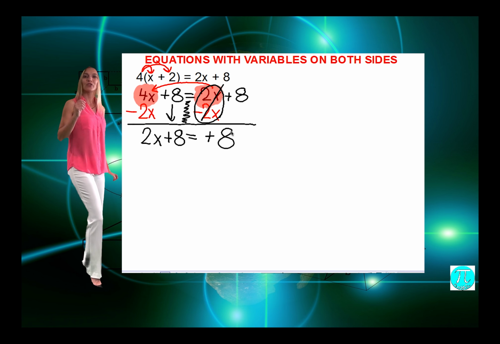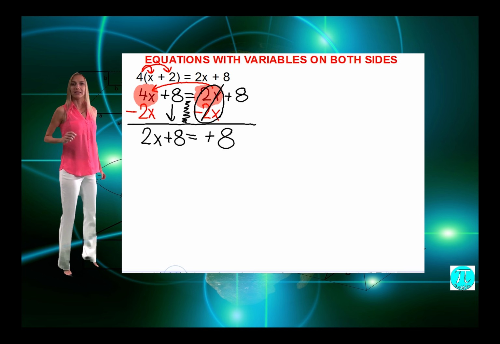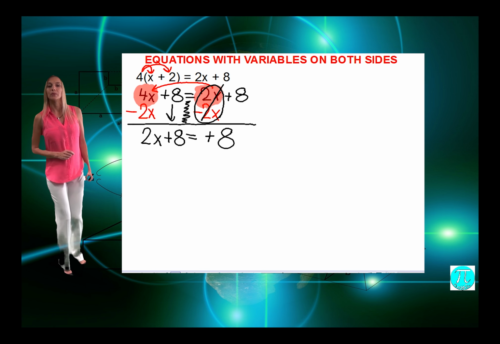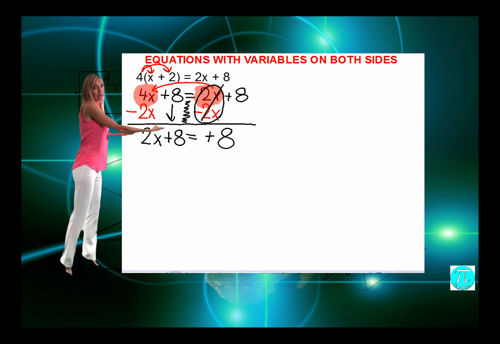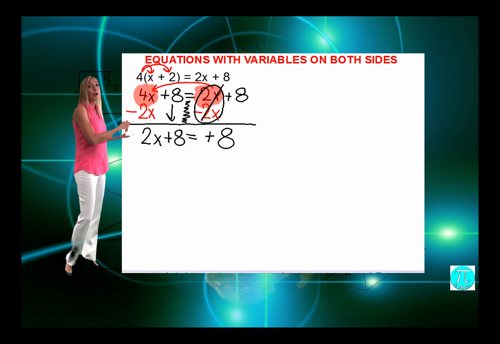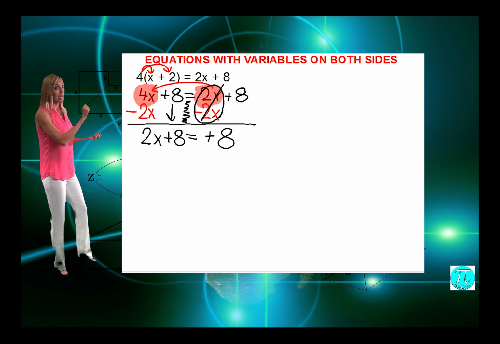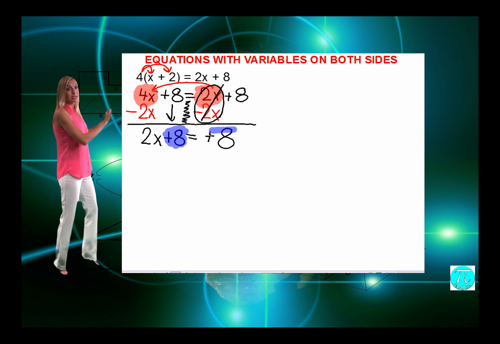Now we are solving for the x, right? The x wants to be there alone. Now the 8 wants to be with the other 8, right? So we have to somehow combine these two because the number 2 is attached to the x by multiplication. Now let's combine the two 8s first.